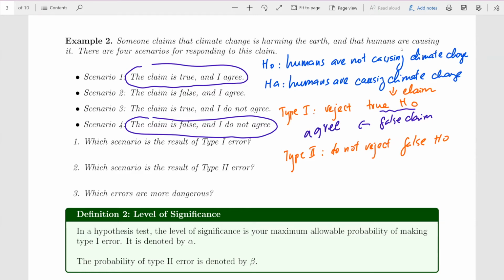So look, my scenario number 2 matches this definition. Okay, the claim is false and I agree. That means humans are not actually causing climate change, and I agree with that.